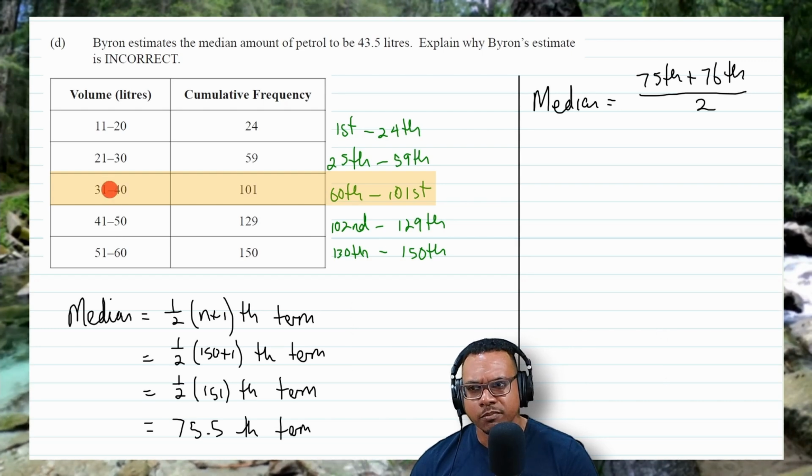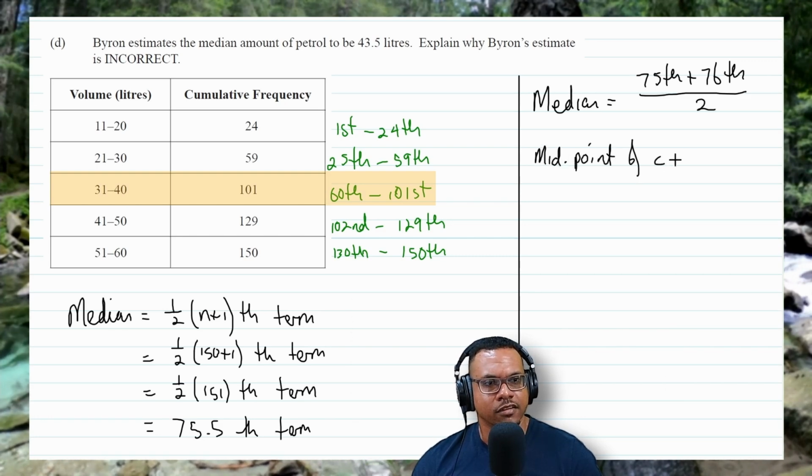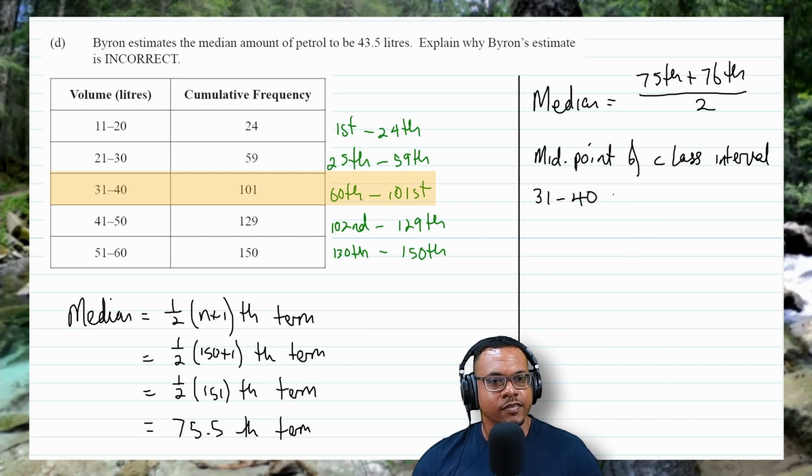So now in order to work out the median, we need the midpoint of this class interval. All right, so the midpoint of the class interval 31 to 40 is equal to 31 plus 40 divided by 2. So that'll be 35.5 is the midpoint.